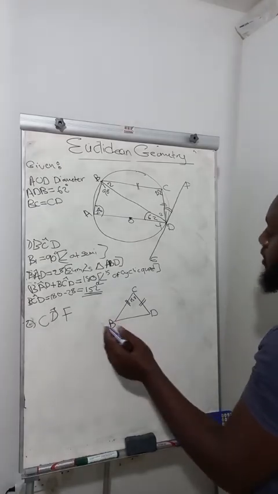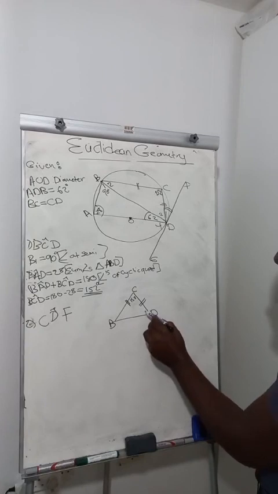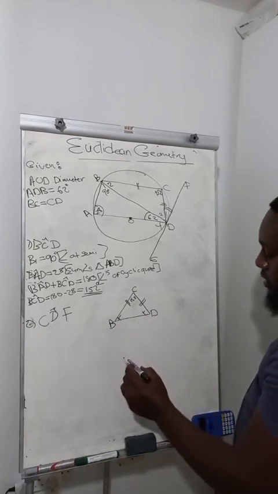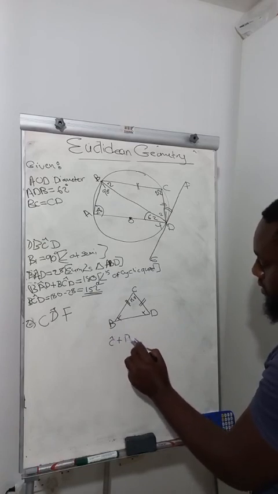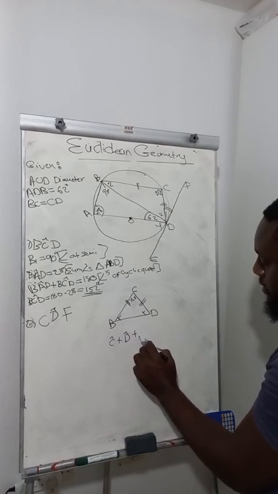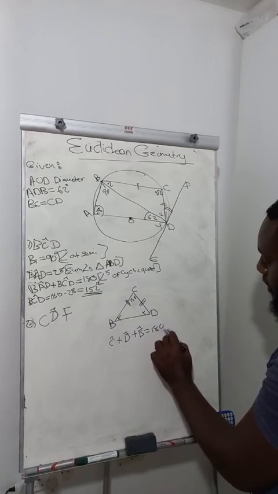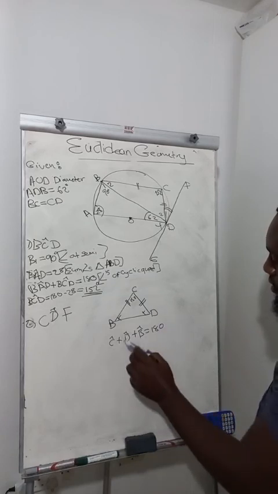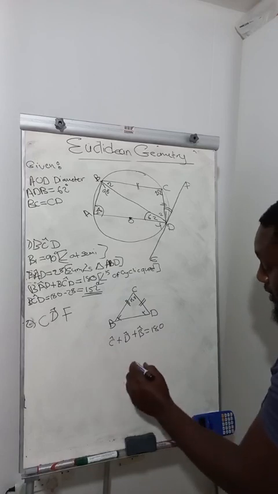So here it's an isosceles triangle. If it's an isosceles triangle, this angle and this angle are equal. So we'll say C plus D plus B gives us 180. Let me first replace things here.